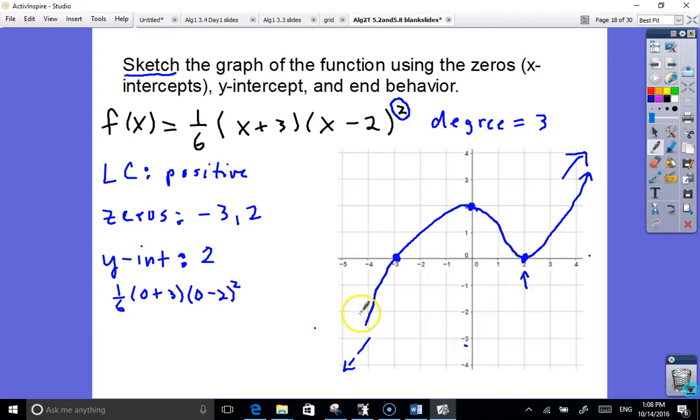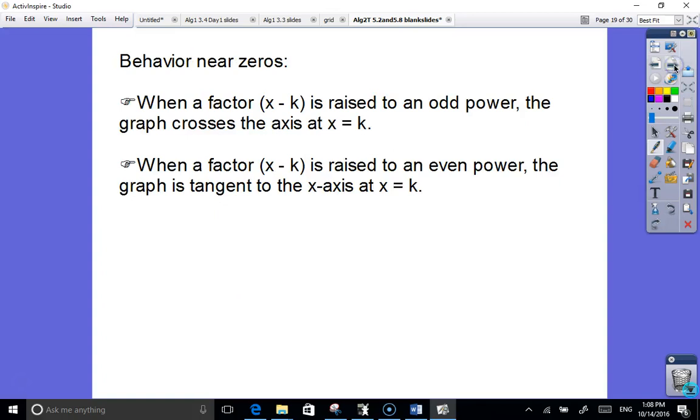Now, if it's to the first power, then that means it does cross the x-axis. It changes sign when it gets to the 0 and goes to the other side. So in this book, they call that behavior near zeros. Right?